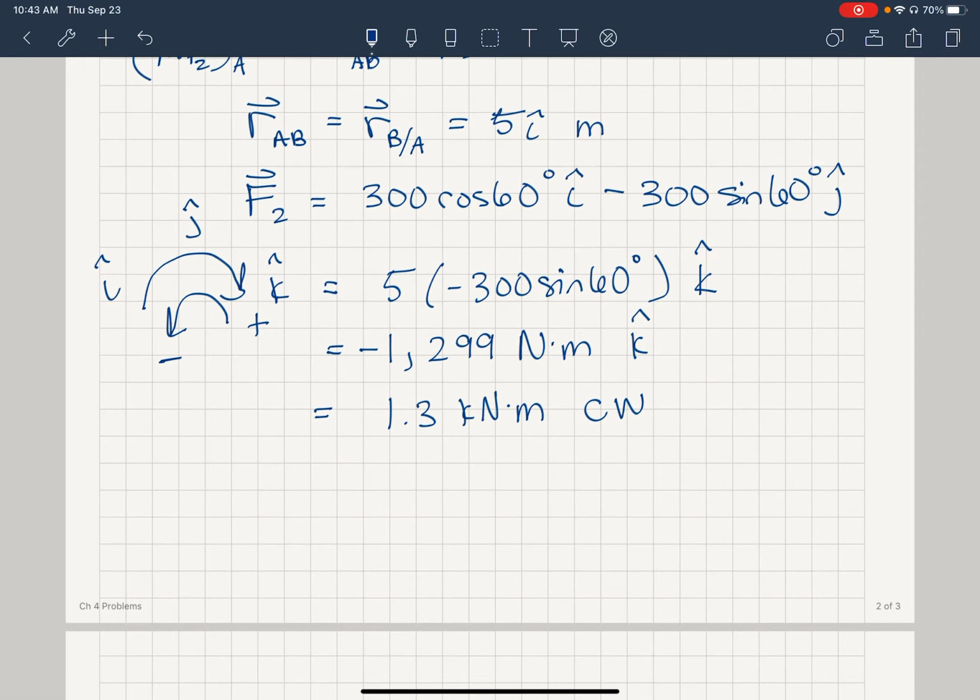The other way, if we wanted to use the determinants, which will become really helpful later, let me write the moment, F2 about A. We could also use the determinant method.